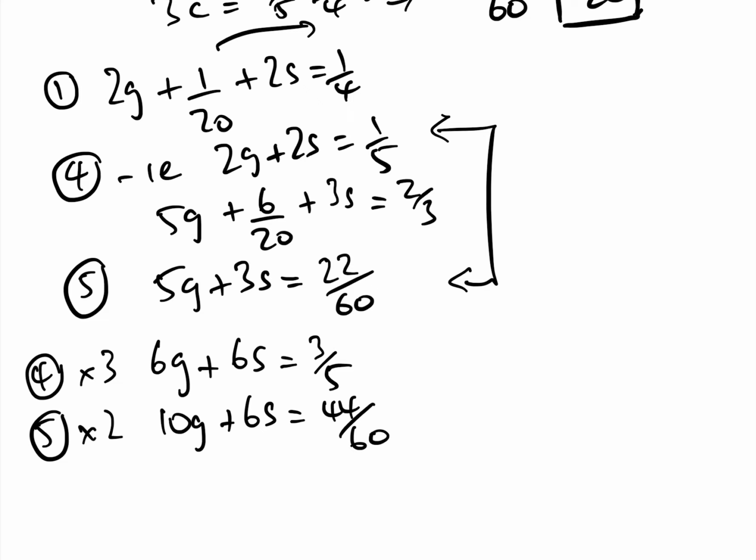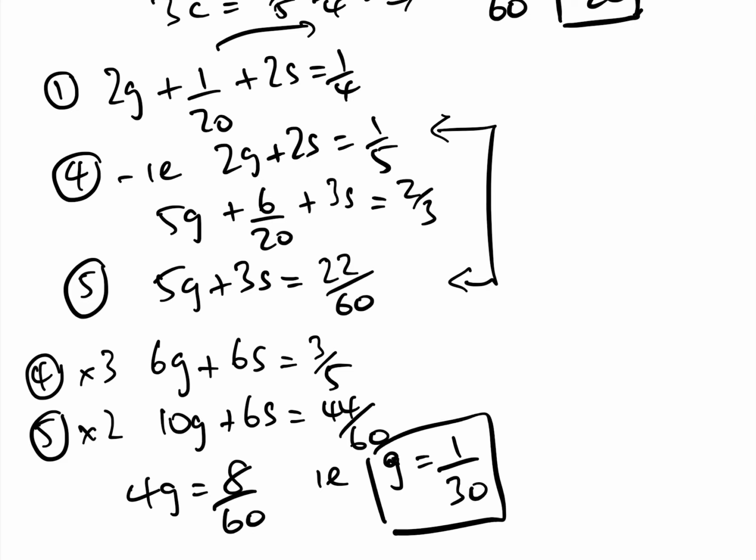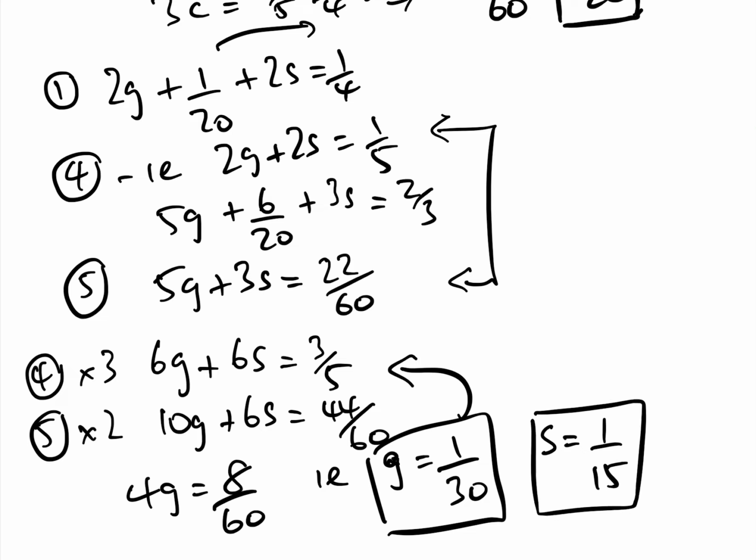And then if we take 5 take away 4, that gives us that 4g equals 8/60, i.e. g, which is the amount the goat eats, is equal to 1/30. So the goat eats 1/30 of the patch of grass per hour. And then from there all we need to do is put g into either of those, and that gives us that s equals 1/15, which means that the sheep eats 1/15 of the patch of grass per hour.